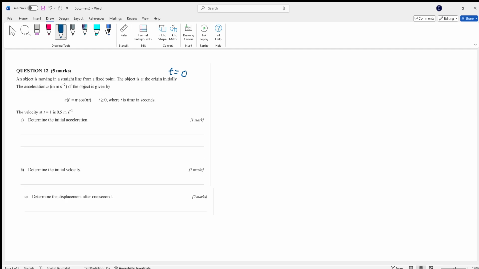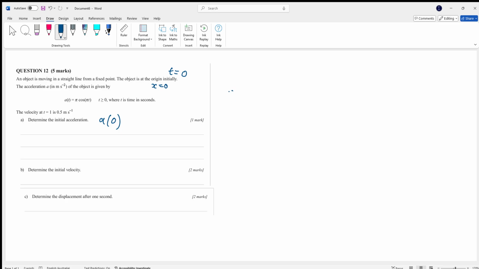Here, when they said the object is at the origin initially, the word origin in math means position is 0, so x equals 0 for position, and t equals 0 here. They've also said the velocity at t equals 1 is 0.5. We don't need any of this information to answer the first question, because they've just said determine the initial acceleration, aka they want the acceleration when time equals 0.